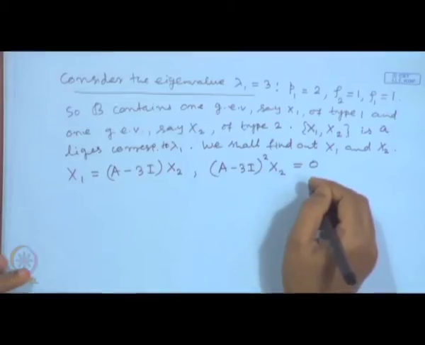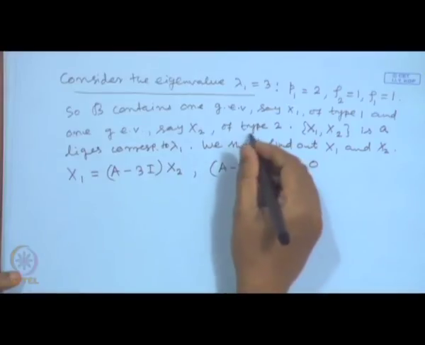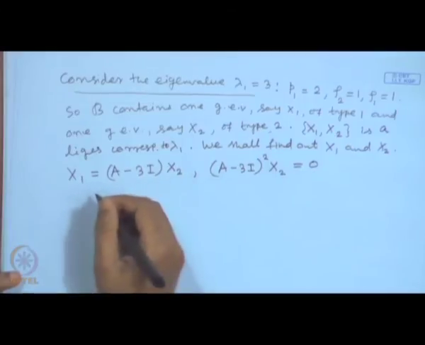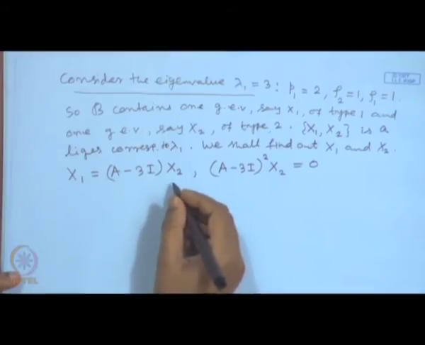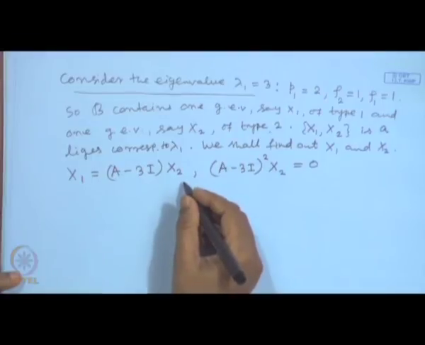This x 2 is a generalized eigenvector of type 2, therefore x 2 satisfies this equation, and we consider x 1 to be the generalized eigenvector of type 1.